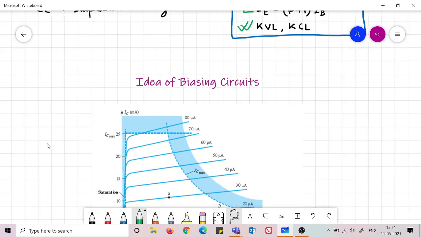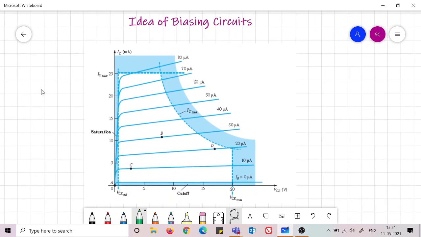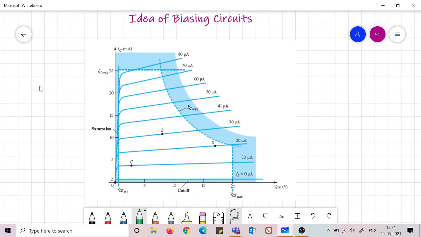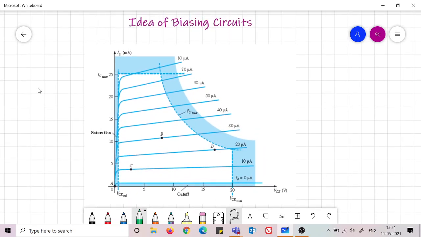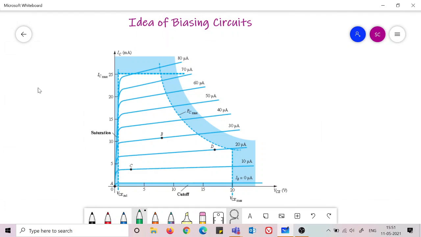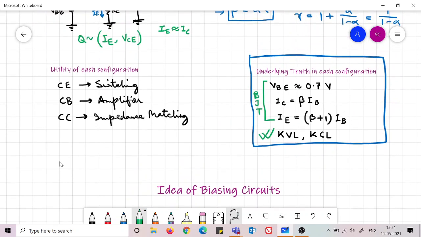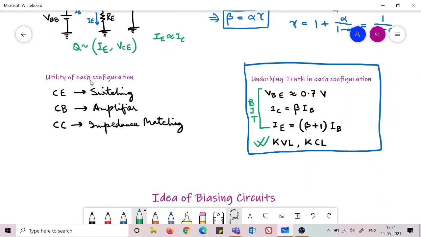Now I have 5 minutes to cover this thing. I will cover the idea of biasing circuits. So from the next lecture I will start with DC biasing of transistors. What we covered till now, these are also biasing as such. One is common emitter, one is common base, one is common collector, but there can be many other sorts of biasing.